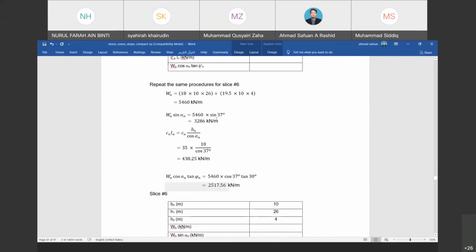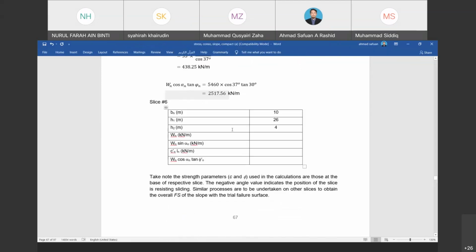Perasan ni jadi positif sebab anti-clockwise Dr. Kamarudin considered as positive. Then later on the C L 43825, Q W sine alpha 3286. So that is the value for each sub-equation.